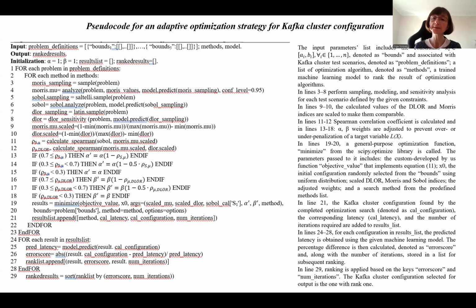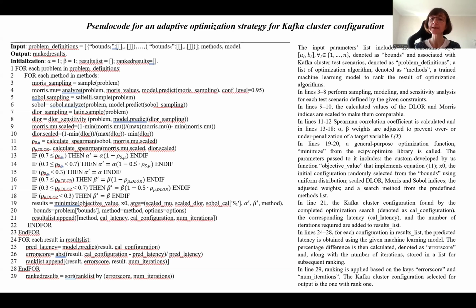In lines 19 and 20, the general purpose optimization function minimize from the Python library optimize is called. The parameters passed to this function include the function developed by us, called objective value, that implements the multi-objective model.